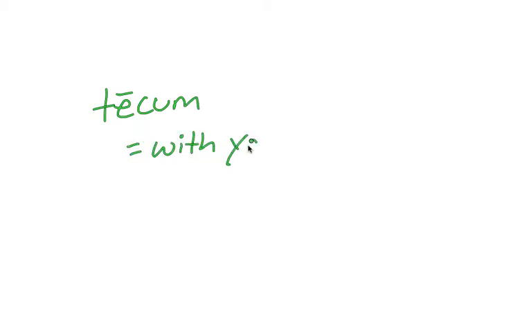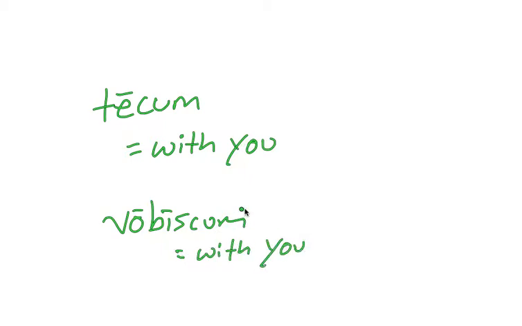Okay, and the final thing to say about this is, just like in the first person, the second person forms in the ablative use cum as an enclitic. So te cum would be with you, and vobis cum would be with you all, or just with you.